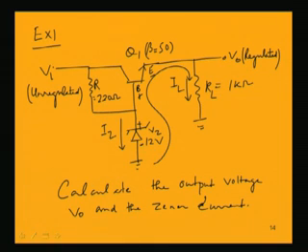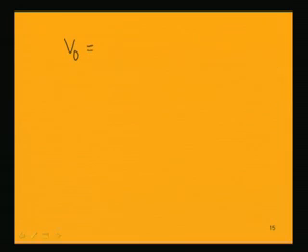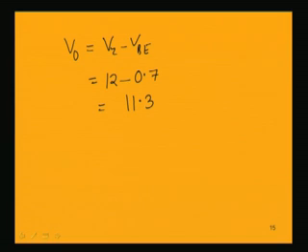So we get the rising voltage Vz minus the falling voltage VBE equal to V0. We know Vz is 12 volt, given in the circuit, and VBE is the voltage across the base emitter, which is 0.7 volt for silicon, the standard value taken even though it is not specified. So we get 11.3 volt as the output voltage V0.